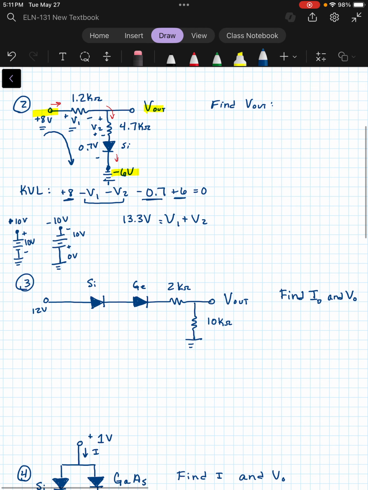So we know that in series we can add those two resistors. So R1 plus R2 is the 1.2K plus the 4.7K. I think I wrote that wrong. Should be 1.2, not 1.12. So that should be 5.9 kiloohms of total resistance.